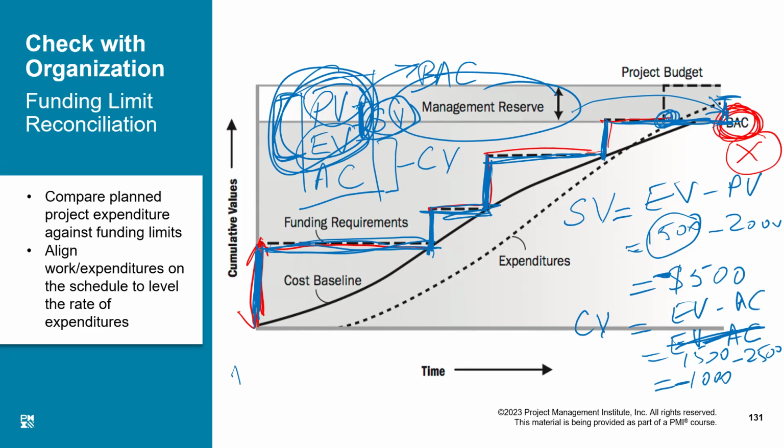This is maybe the very first month of the project. At the end of the first month, we have this reading that we are behind schedule and we are overspending. So I will try to correct the situation by the next reporting period. I would like to do extra work so that I can at least come into positive, or if my earned value becomes equal to my planned value in the next month, probably that would be fine.